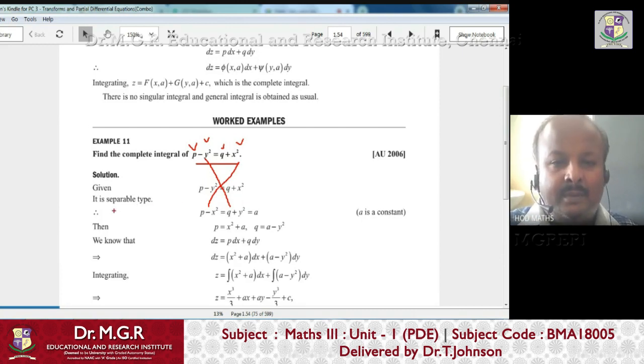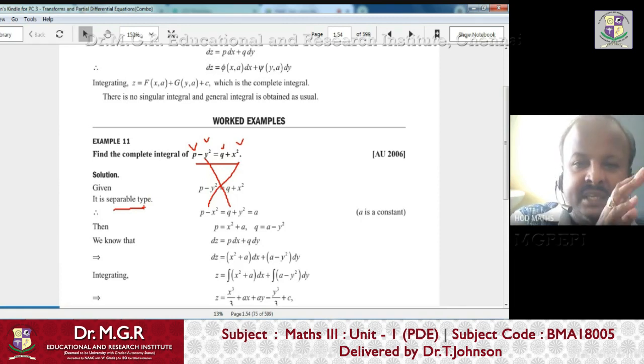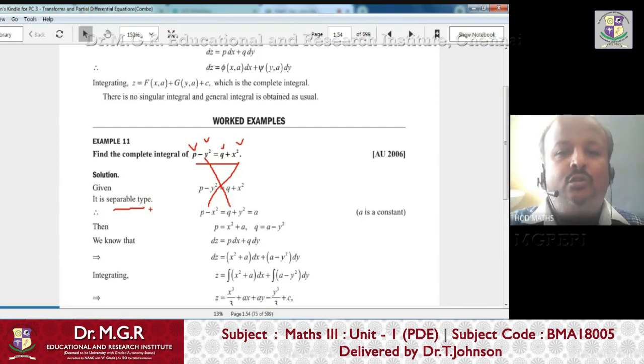So it is a separable type. Separable type means that in the PDE, you can separate p and x on one side, where p is the derivative with respect to x, and q and y on the other side, where q is the derivative with respect to y.